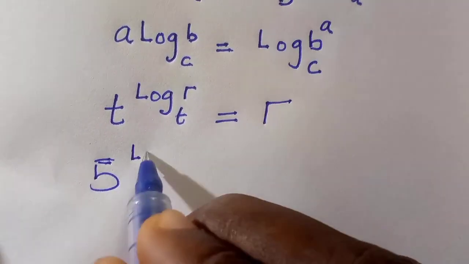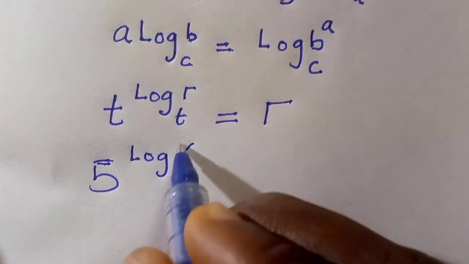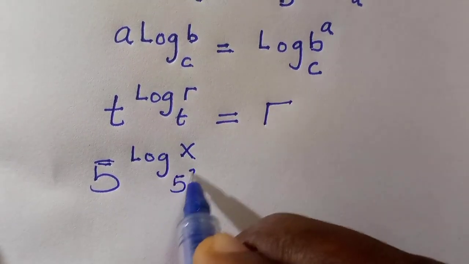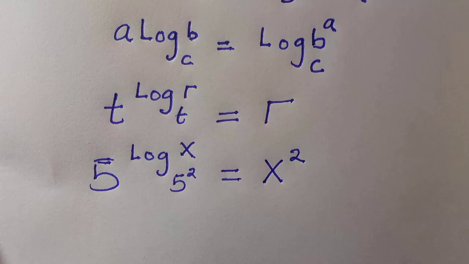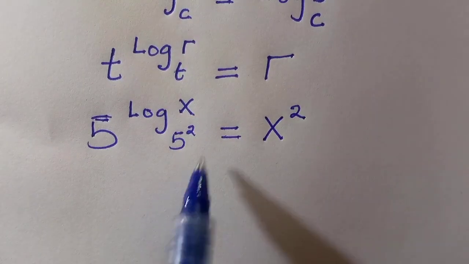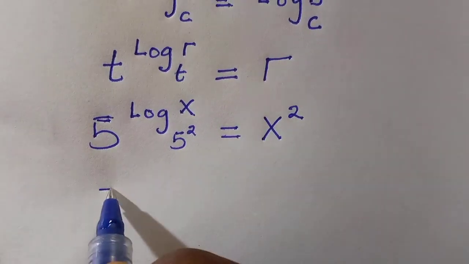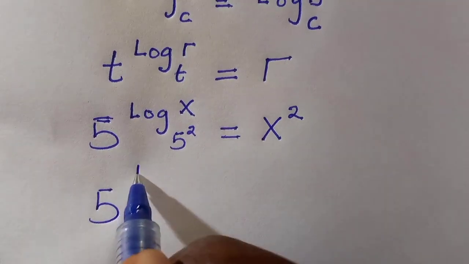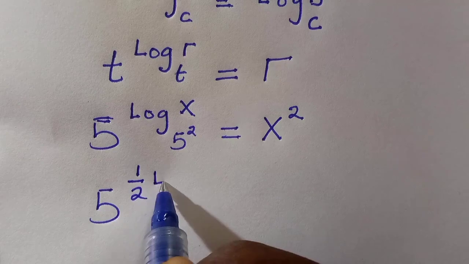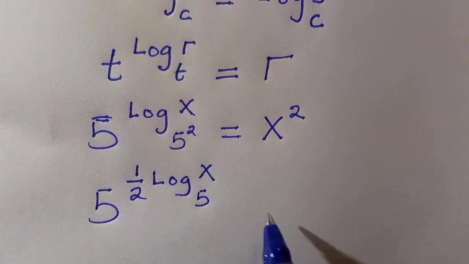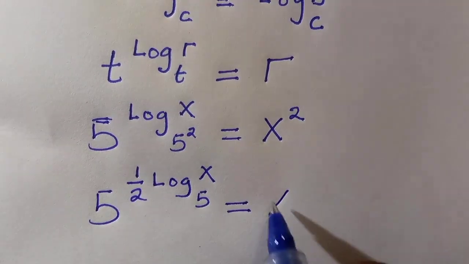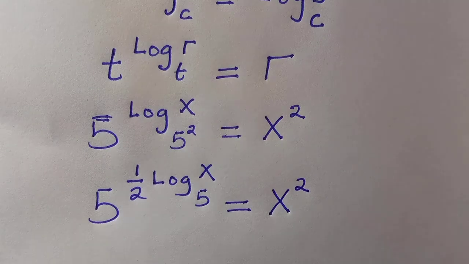Here we have 5 to the power of log x base 5 raised to the power of 2 equals x to the power of 2. For the first law, we take the 2 from the power to the front of the logarithm, and we have 1 over 2 log x base 5 equals x to the power of 2.